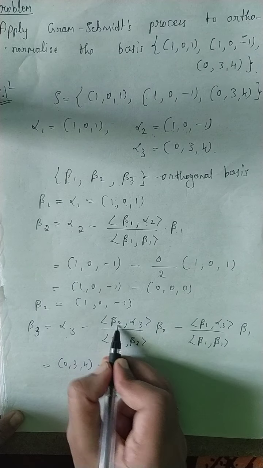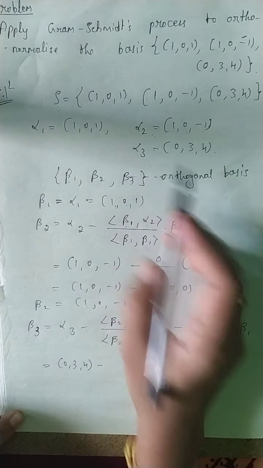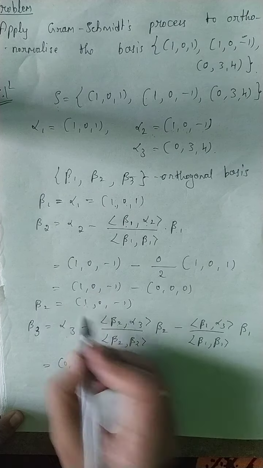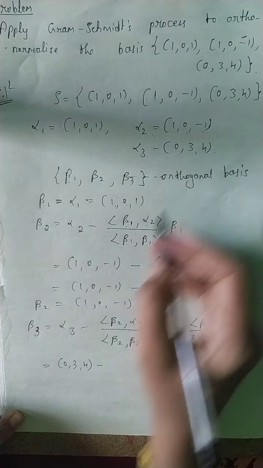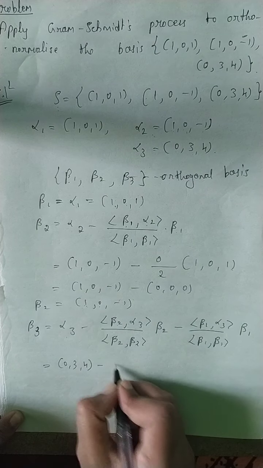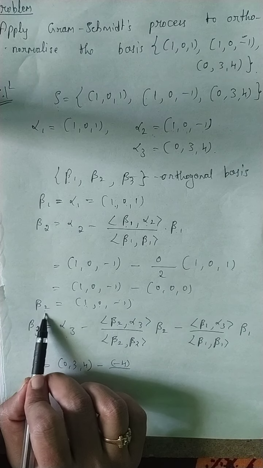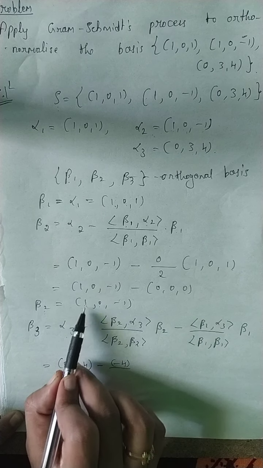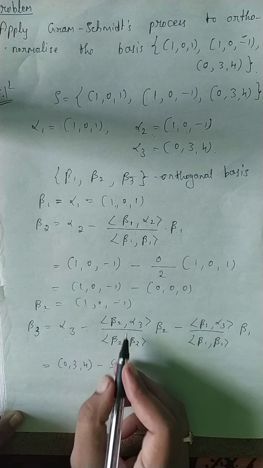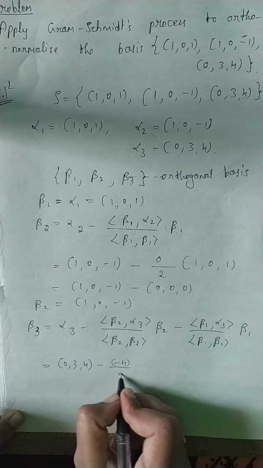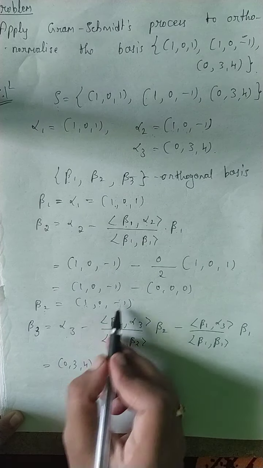The inner product of beta 2 with alpha 3 is 1 into 0, 0 into 3, and 4 into minus 1, that is minus 4, divided by the inner product of beta 2 with beta 2, which is 1 plus 1, that is 2.